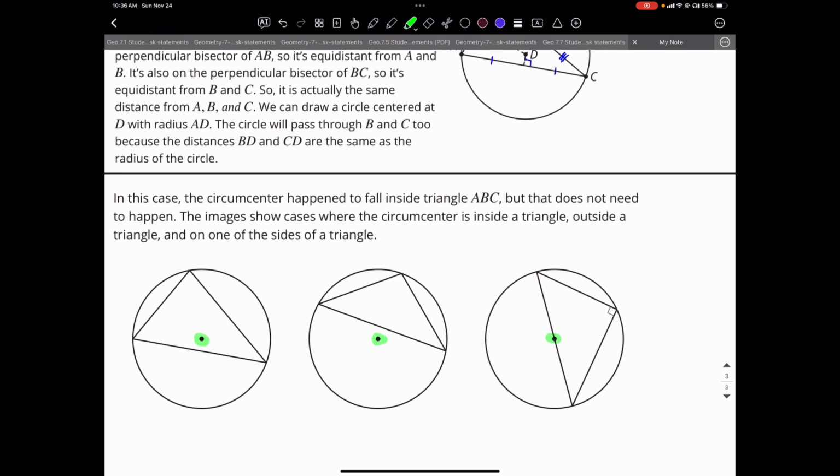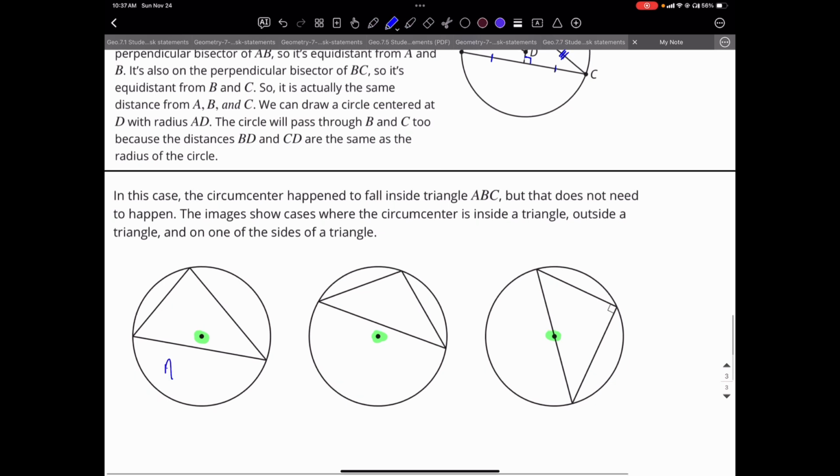The first one, the center is on the inside of the circle. That tells me that this is going to be an acute triangle, meaning none of the angle measures within the triangle are greater than 90 degrees, so they're all less than 90 degrees.